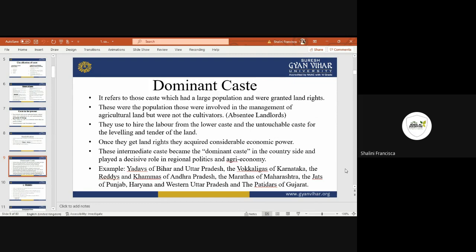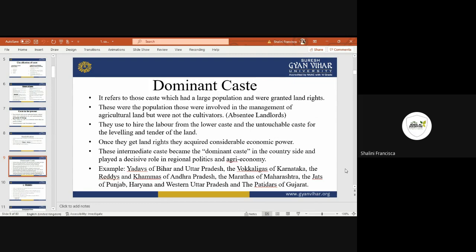So they used to have laborers from the lower castes. Lower castes are Sudras and Vaishyas, and untouchable people, in which there are also many subcastes. They made this labor level the land so that they can produce good agricultural food.